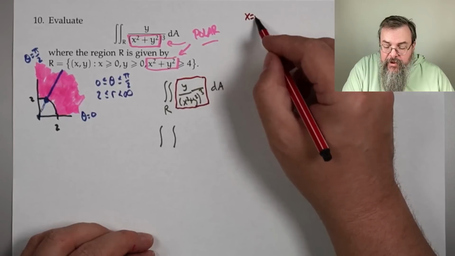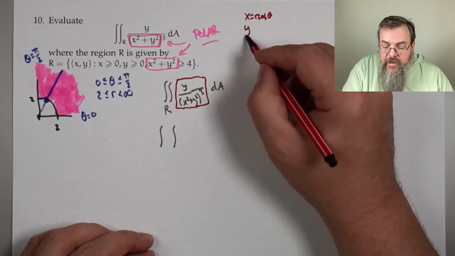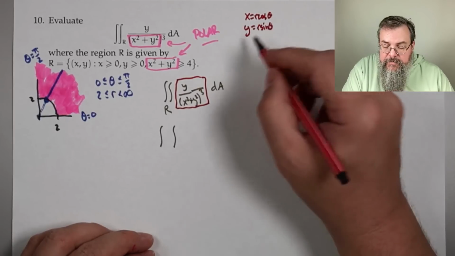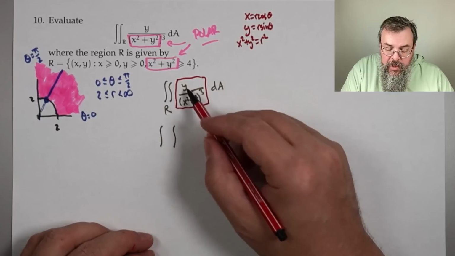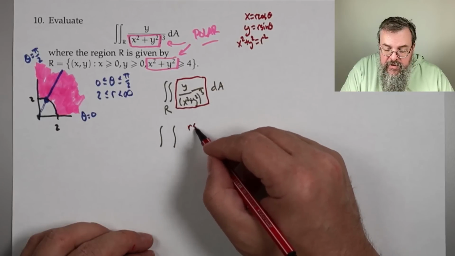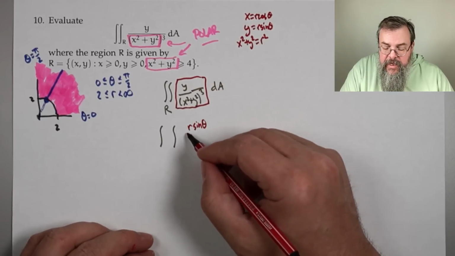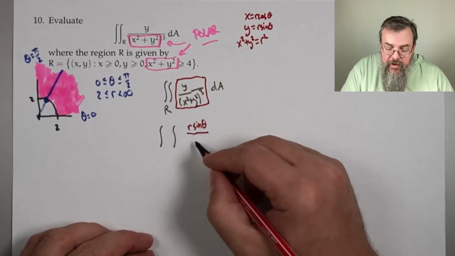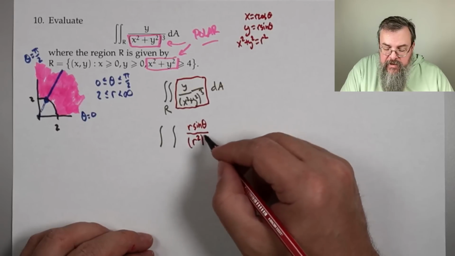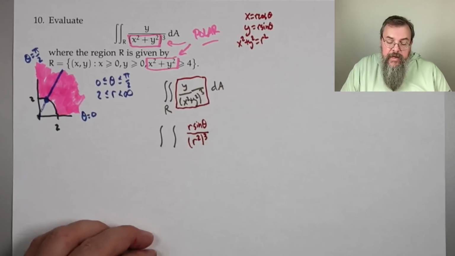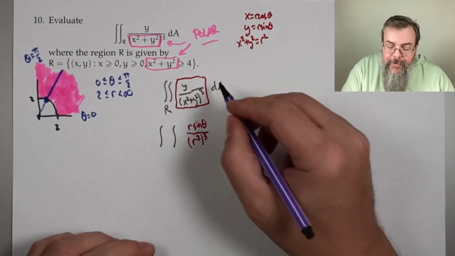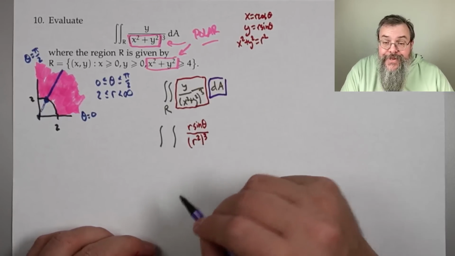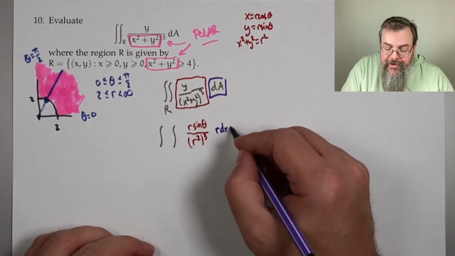We remember x equals r cosine theta, y equals r sine theta, x squared plus y squared equals r squared. So y becomes r sine theta, and x squared plus y squared becomes r squared, and then that's going to be cubed. Now that's the function. We also have the dA. The dA for polar becomes r dr d theta.